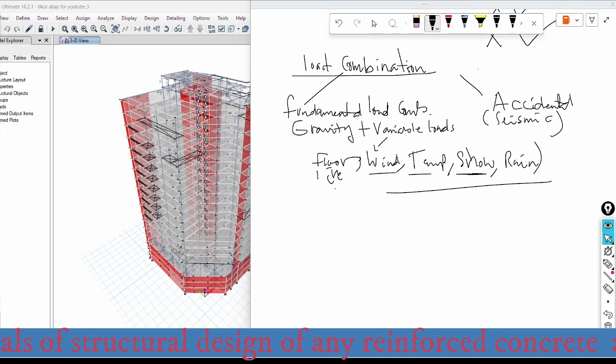So how many variable loads are there? 1, 2, 3, 4, 5. And if there is any other variable load, we can add it to these variable loads.